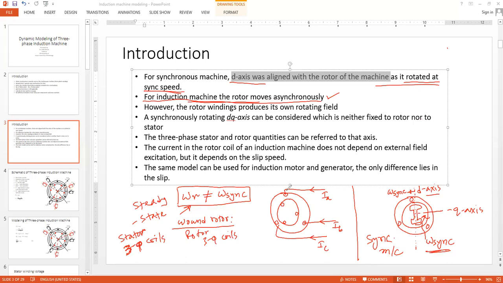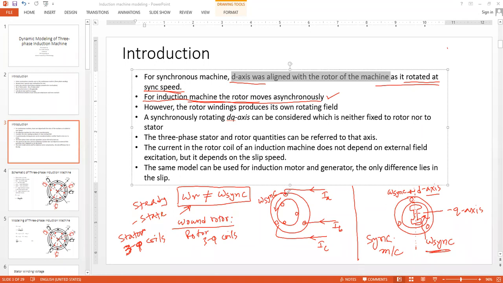From each phase to the next phase, there is a 120 electrical degree difference in phase, with the magnitude remaining the same because it is a balanced system. So, as he said, we will have a rotating magnetic field, RMF, and this RMF speed is synchronous.